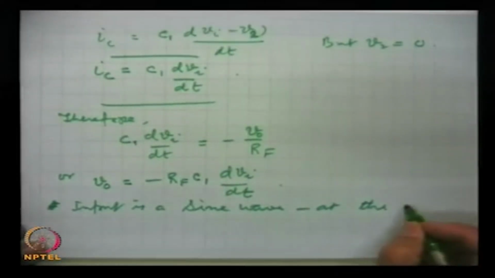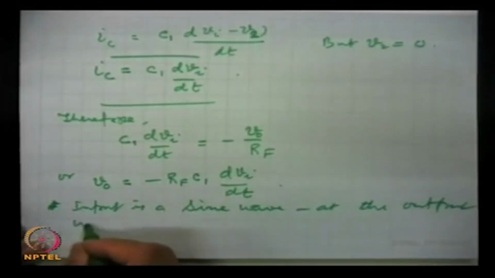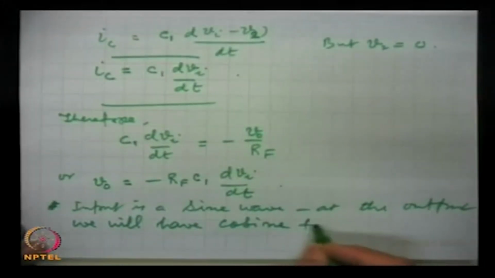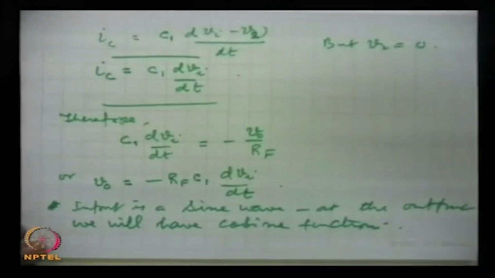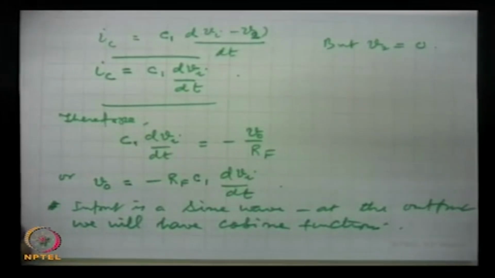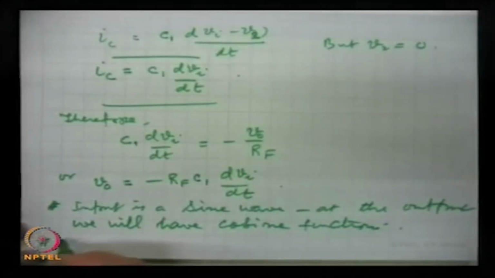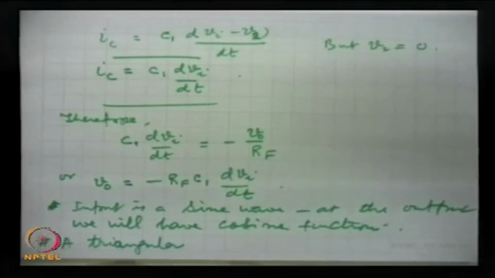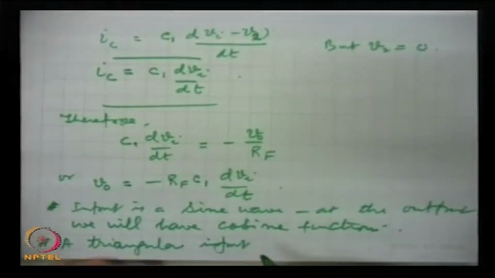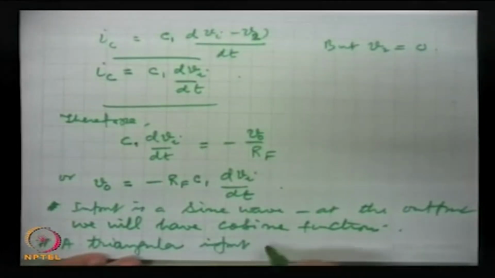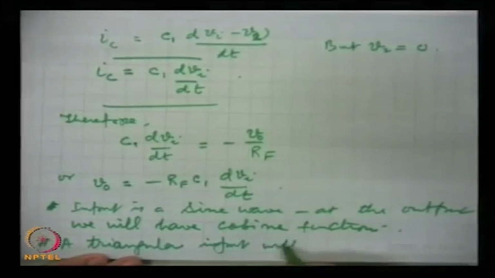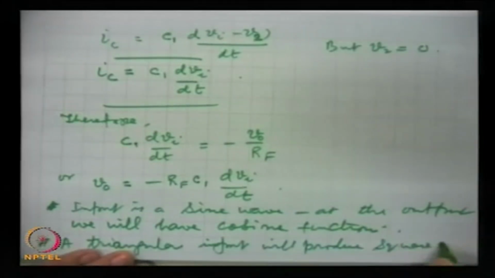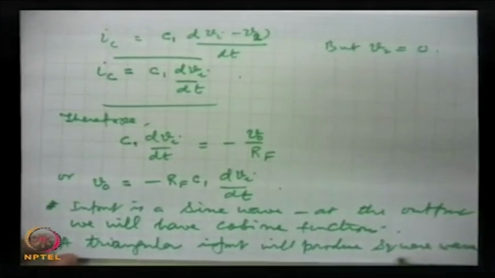At the output we will have a cosine wave, and for triangular input, a triangular input will produce a square wave output.